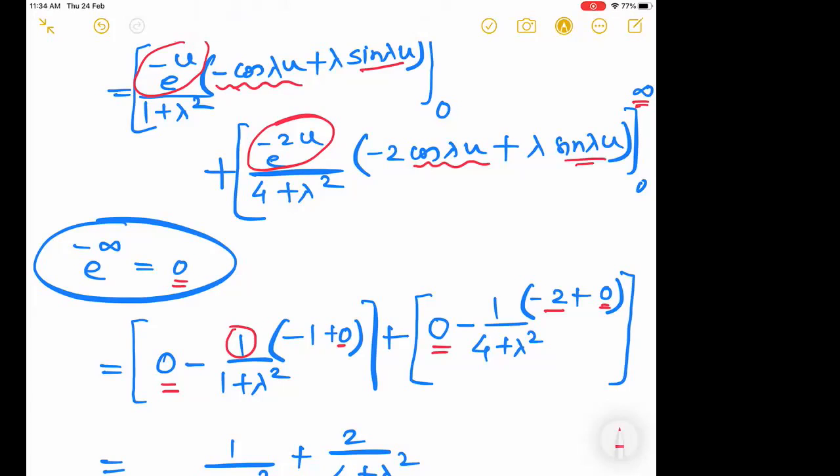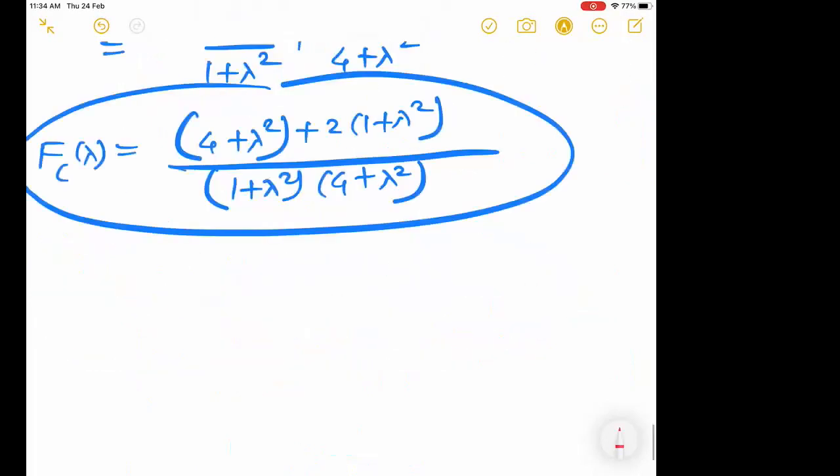Yes, ma'am. So one more we'll take, in which the inverse is also directly combined and we get the result. Take down this one. Next example.